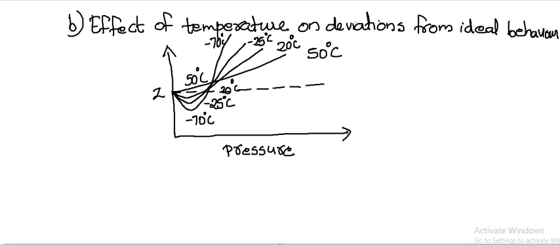Next is the effect of temperature on deviations from ideal behavior. This plot is again Z versus pressure plots of nitrogen at different temperatures.